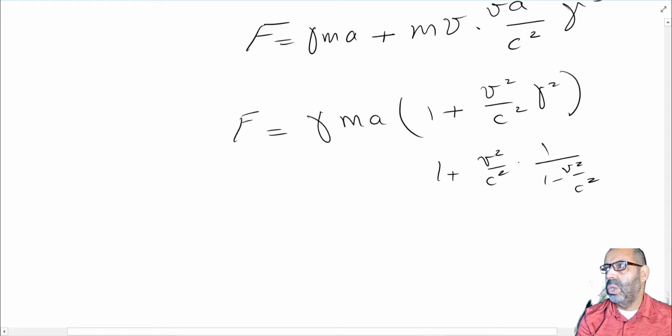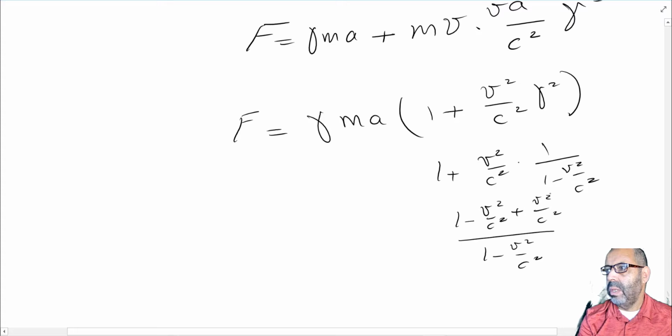The common denominator between 1 and this guy is 1 minus v squared over c squared, so it's going to be 1 minus v squared over c squared plus v squared over c squared. Cancel this and that, so it's only 1 over 1 minus v squared over c squared, and that is actually gamma squared. So this whole thing is just nothing but gamma squared.